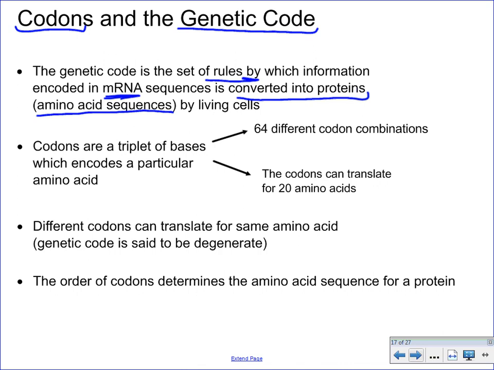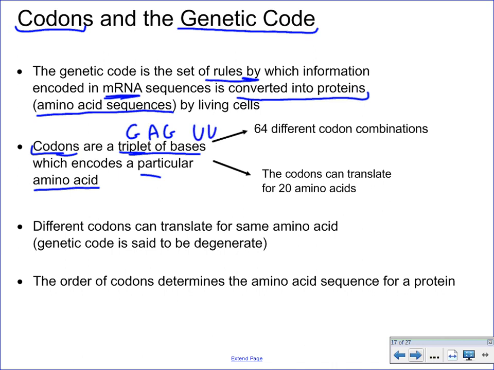Codons are what will code for those amino acids. Codons are triplets of bases which encode a particular amino acid. When we say triplets of bases, we mean 3 bases in a sequence. So for example, GAG, that triplet of bases will encode for a particular amino acid.